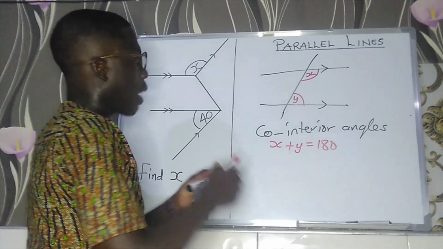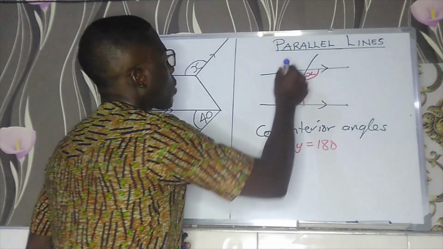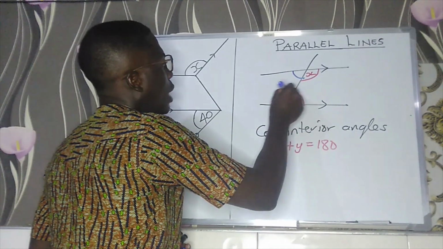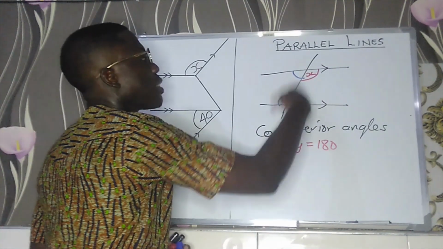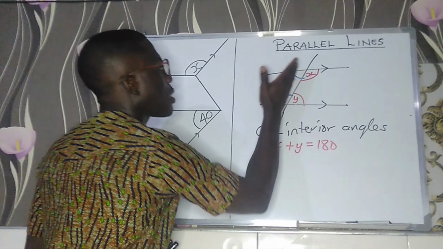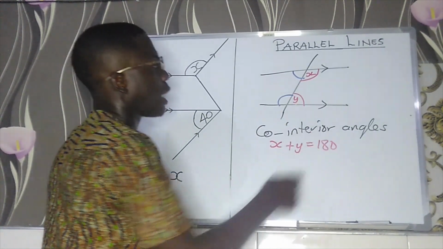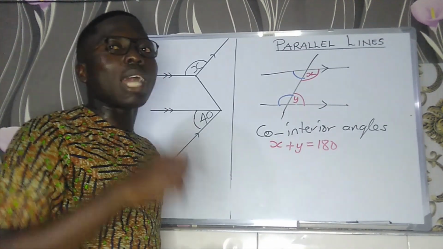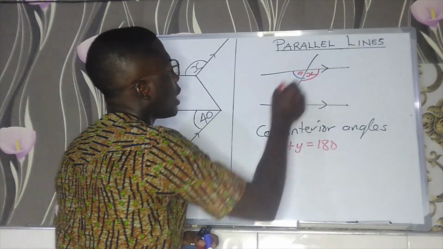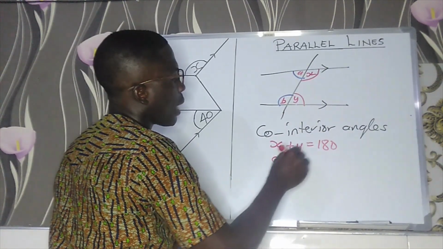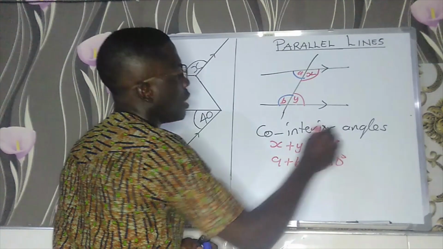Just as when we come to the other side of the transversal line, this particular angle with the blue arc should also be equal to this particular angle. When they are all inside the diagram and at one side of the transversal line, we say they are co-interior angles and they add up to what? 180. And so therefore, if I have A here and B here, A plus B should be equal to 180 degrees.